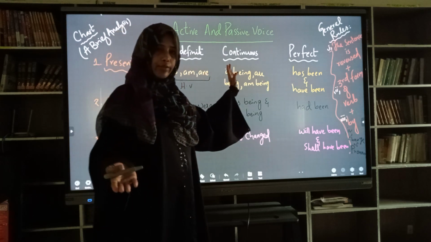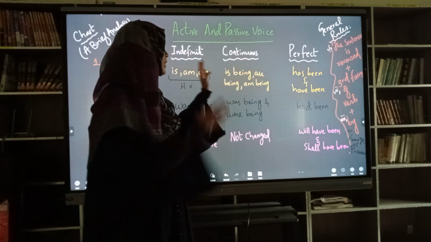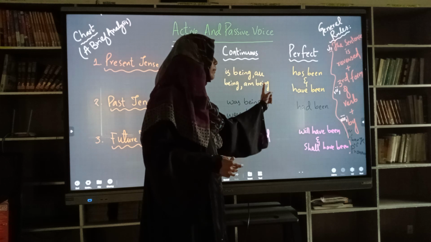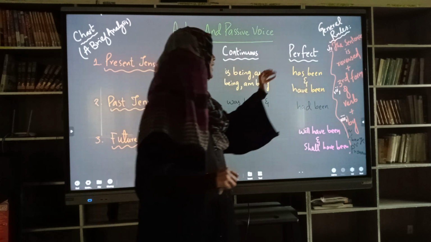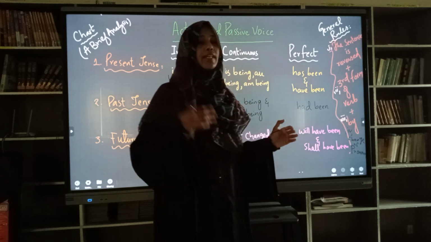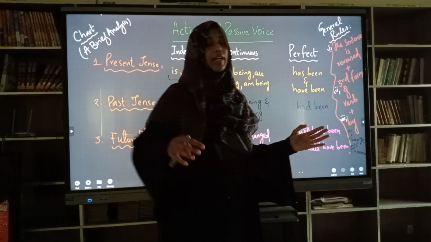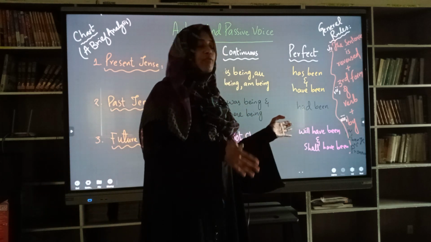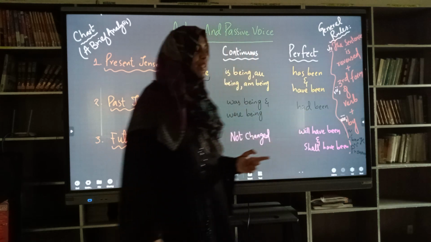Same goes for continuous tense, where first form of verb plus ing will be used, but here is being, are being and am being along with third form of verb will be used. Now comes the perfect tense in the present form. In the present form, along with has and have, that is the active helping verb, in the passive form they will be converted into has been and have been.